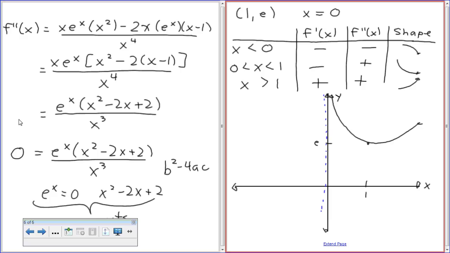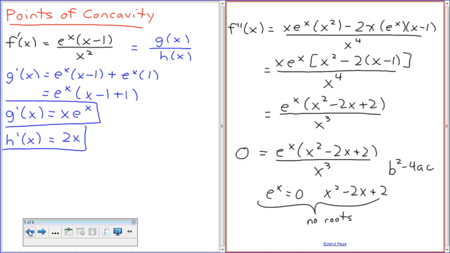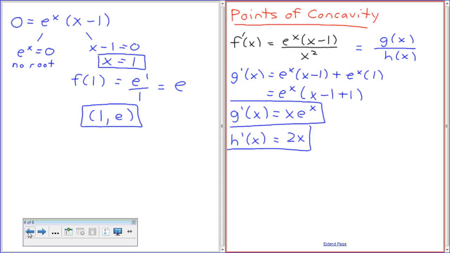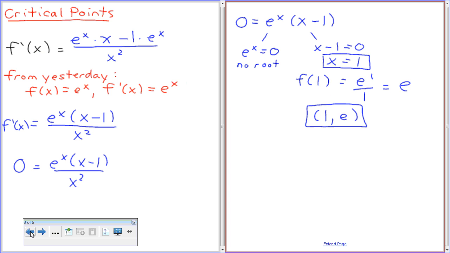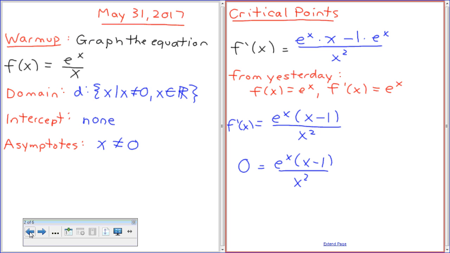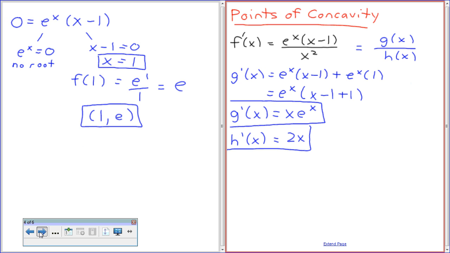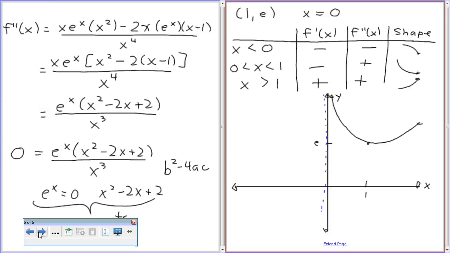It probably wouldn't hurt if you're graphing this to pick a point on the negatives to see, like -1. So let's just say we choose -1 on my original graph. What was it? e to the x over x? Because everything's negative, the whole graph's going to be underneath here. So I'm assuming the graph's going to look like this.